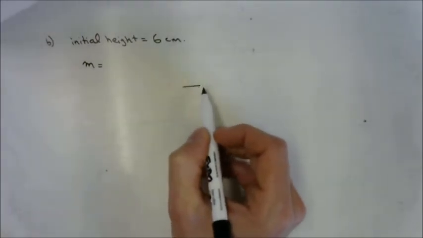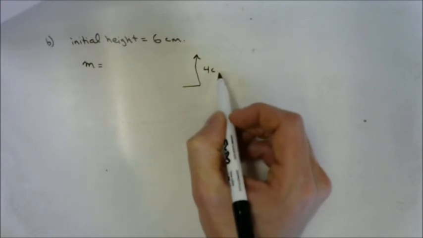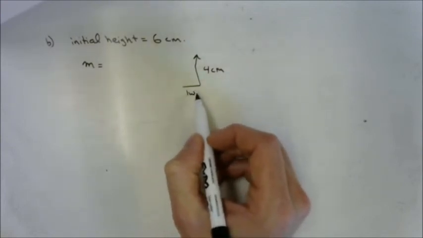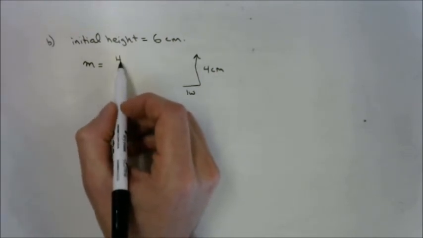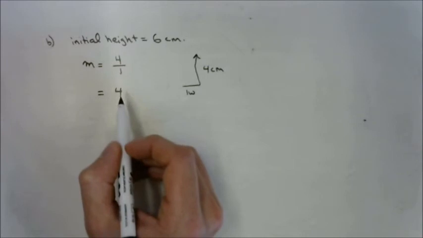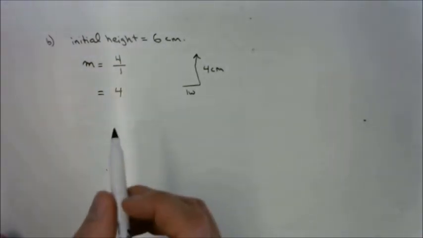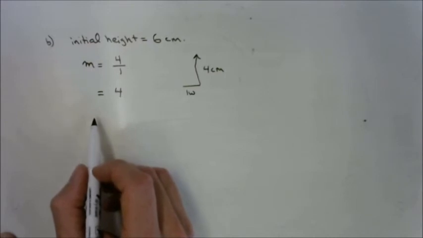Okay, so go over 1 week. Whenever you go over 1 week, you're going up 4 centimeters. So your rise over run is 4 over 1, which reduces to just 4. And your initial height is 6. So let's talk about our variables. Which variables are we using?